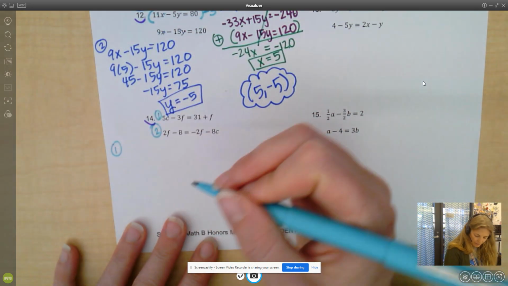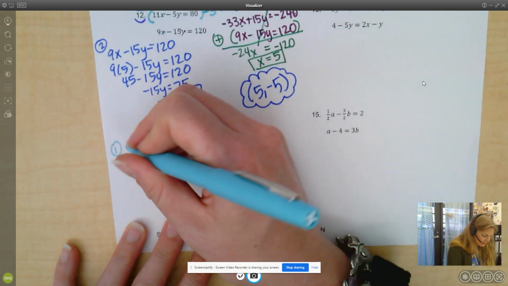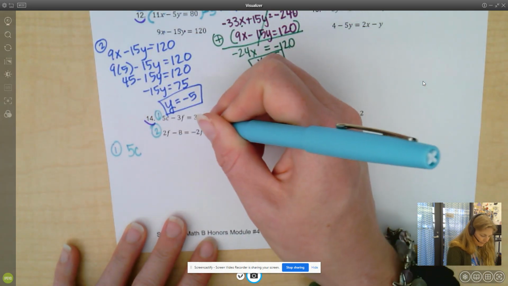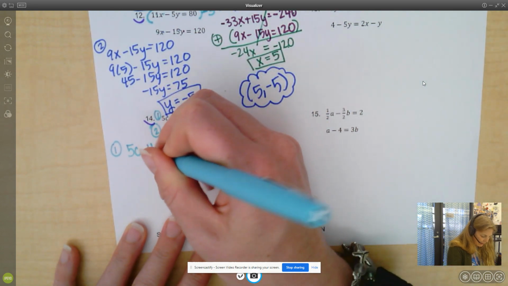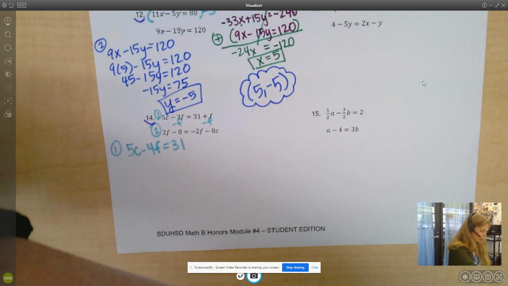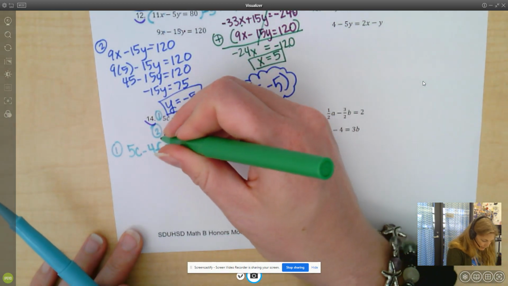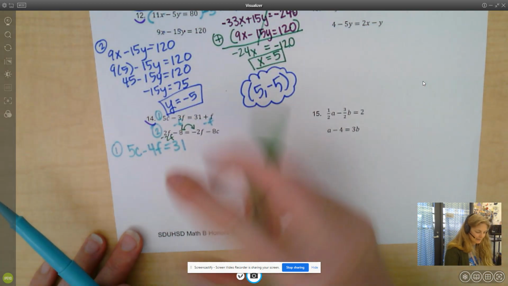Taking a look at equation number 1, I'm going to subtract f from both sides. So I'm going to have 5c, I'll just write it up here, minus 4f is equal to 31. And equation 2, I'm just going to subtract 2f from both sides and then swap the sides.